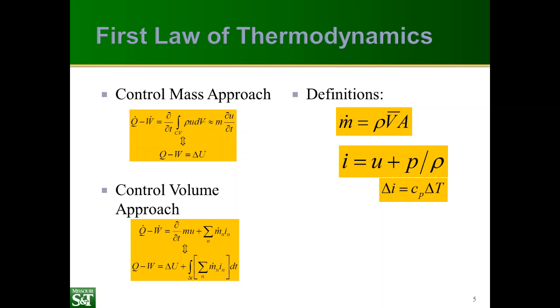So then we can relate energy input, power, work input or output, and the change in the energy of a fluid as it flows through a control volume. So remember, the sign on the mass flow rate is determined by the direction of the dot product. Okay.